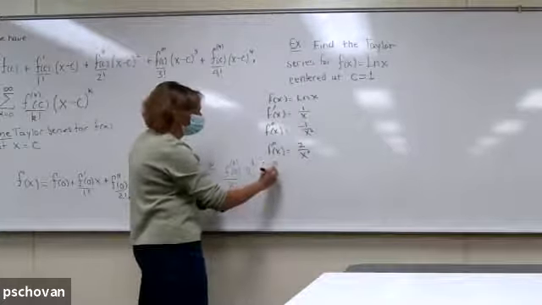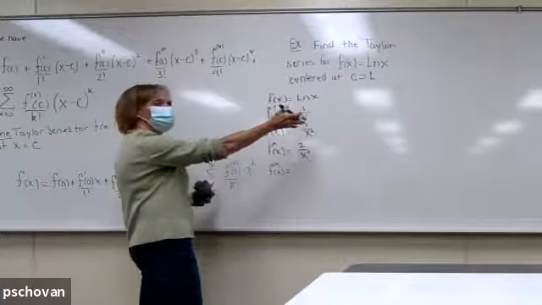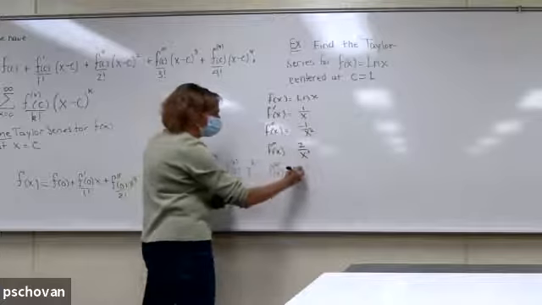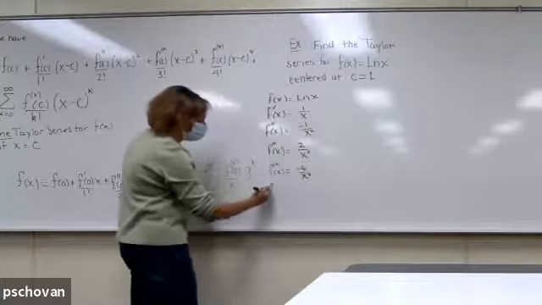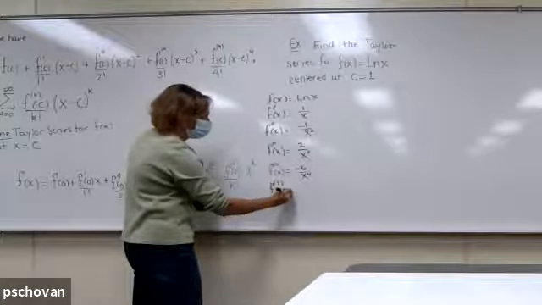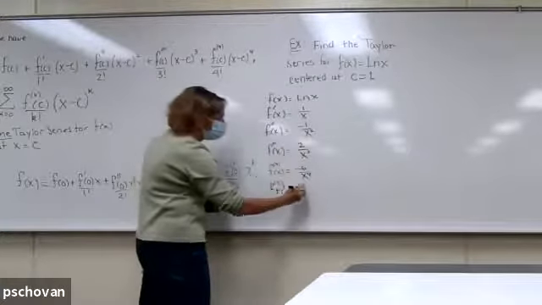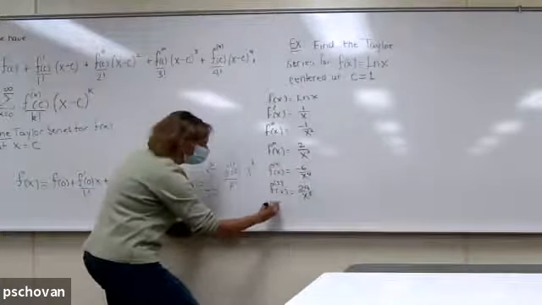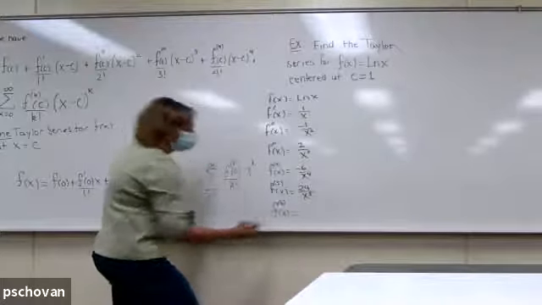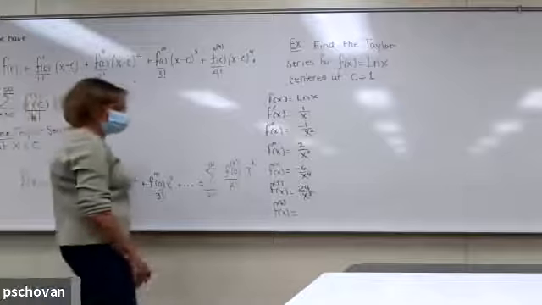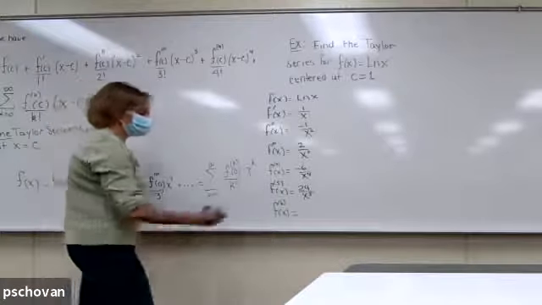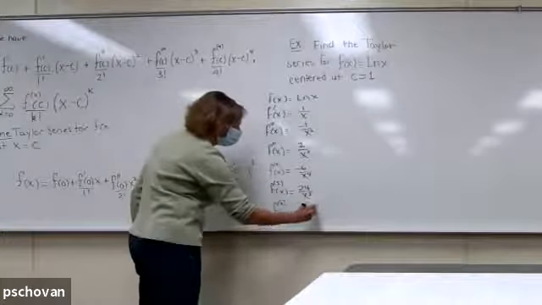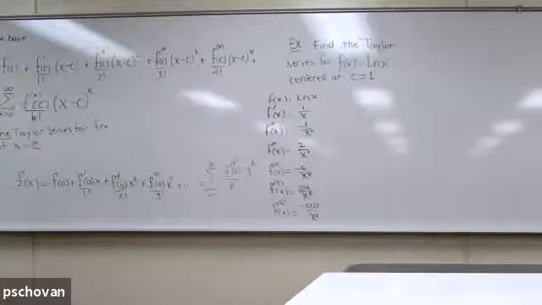The fourth derivative, think of that as x to the negative 3, so it's going to be a negative 6 over x to the 4th. The fifth derivative, that's a negative 4, so it gives me a 24 over x to the 5th. I think I might have room for one more. So 5 times 24, that's going to be 120, and be negative over x to the 6th. I only went to 6 just because I had room for it.